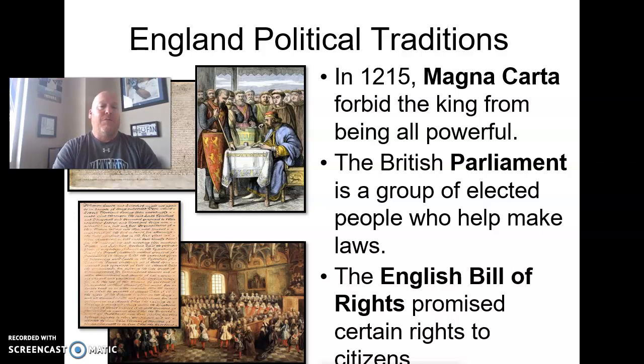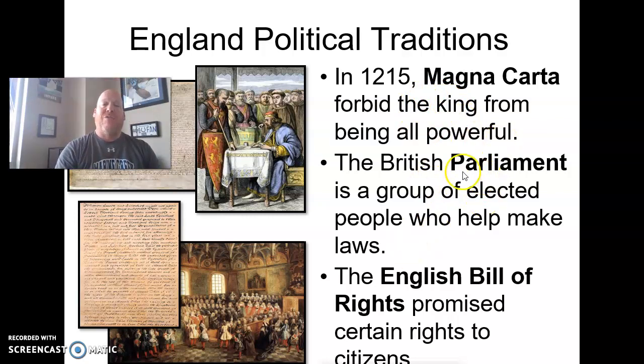And some of them were very wealthy, some were very powerful, and they threatened the king that if he did not agree to give the people a voice, to give them some say-so in their government, that things might get out of hand for him. And they were eventually able to force him into agreeing to this Magna Carta, which first gave the English people, like I said, a voice in their government.